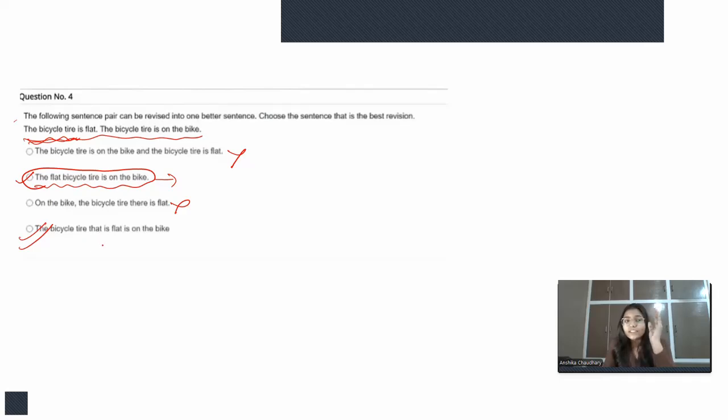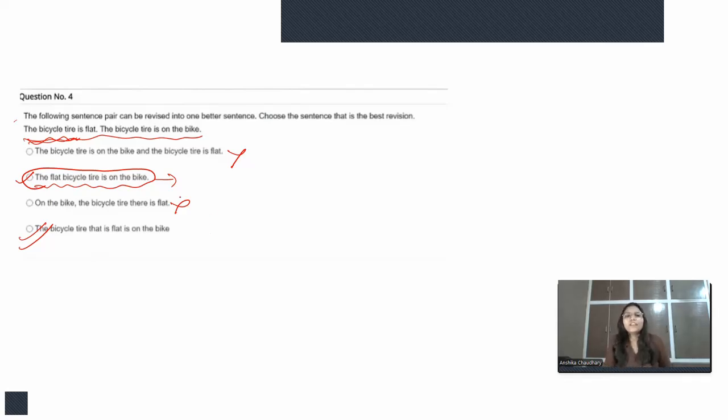The bicycle tire that is flat. We are specifying the quality here. The adjective is properly used, that the bicycle tire that is flat is on the bike. So option number four is clearly defining the meaning. There is no kind of ambiguity, right?